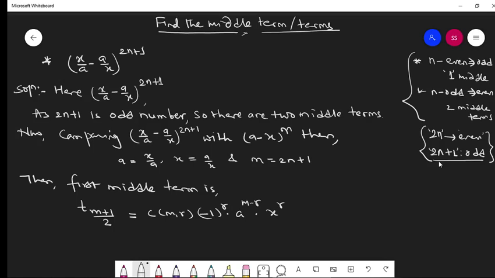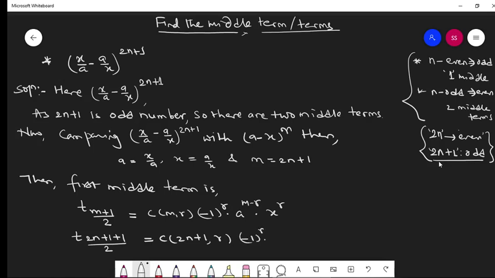Then what is the value of m? That is 2n plus 1. T of (2n plus 1 plus 1) by 2. M is replaced by 2n plus 1, equals C(2n plus 1, r) times (-1) to the power r.